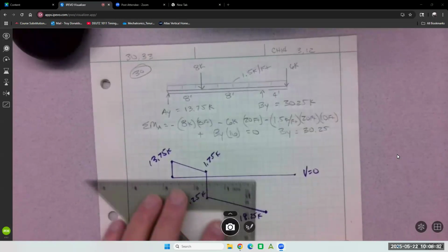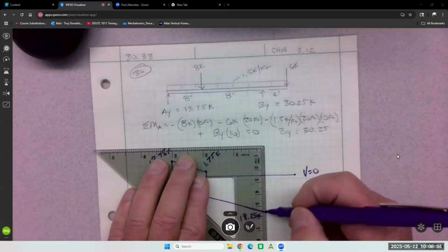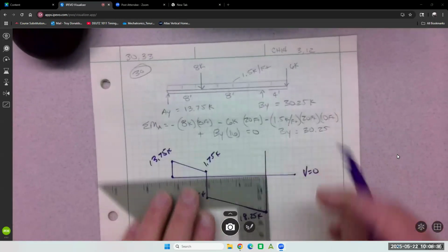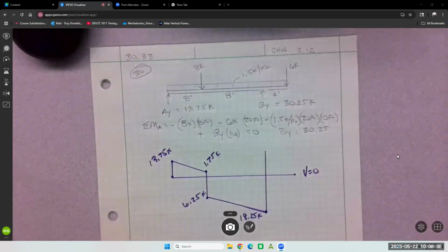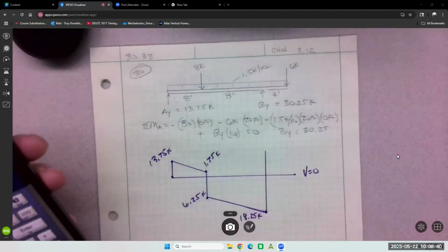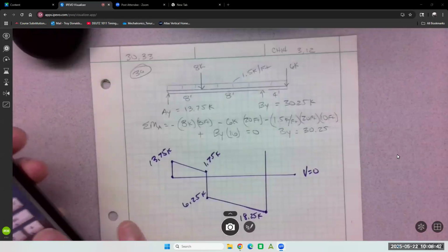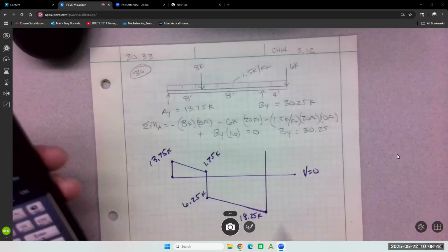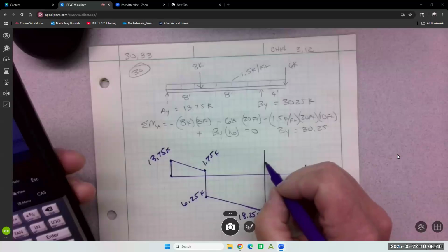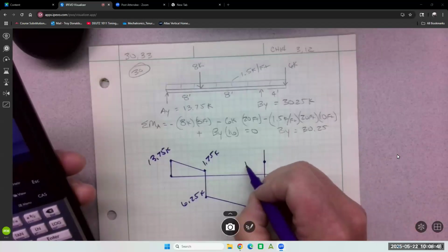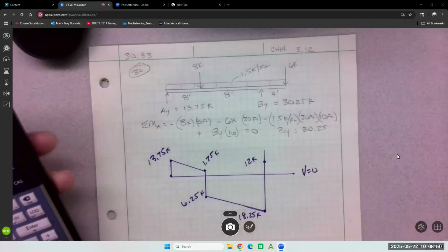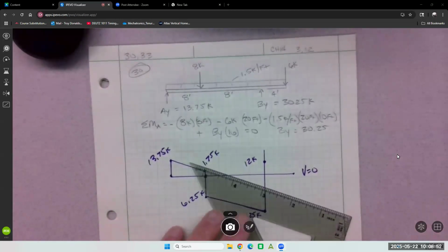Then it sees BY, goes way back up, goes up a total of 32.5, and that's up to 12. So it's actually below the 13. It's right in here. If I was to keep my scale correct.